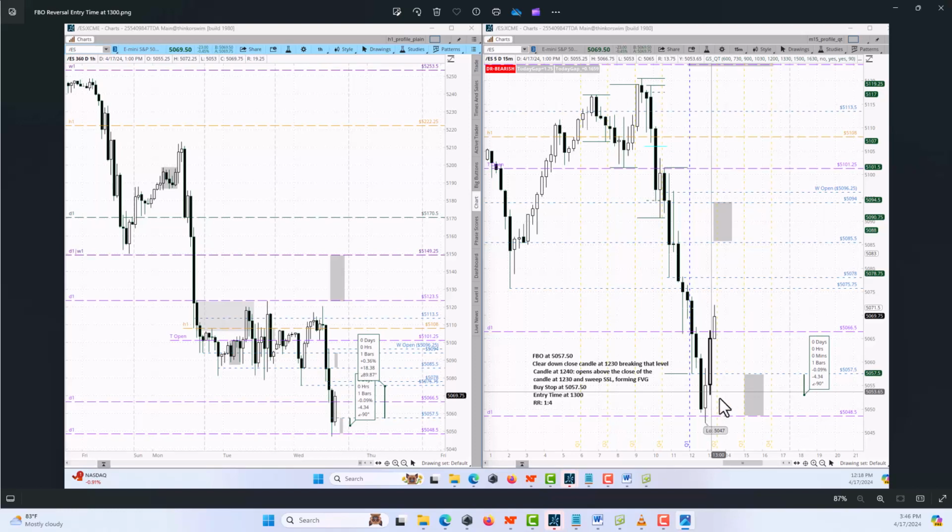It looks like it's gonna fail, but it's not. Especially if it raids the buy side, then the sell side, then we know that we can go long.